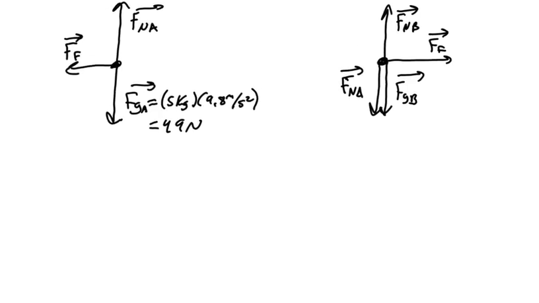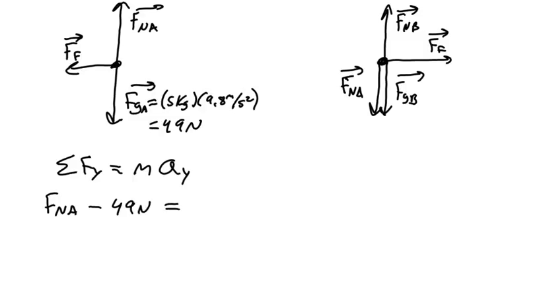So here, I'll say net force in the y direction has to equal mass times acceleration in the y. We've got a normal force, A, upward, minus 49 newtons downward, is equal to, there's no acceleration in the y direction, so 0. So we got normal force A is just going to be equal to 49 newtons.